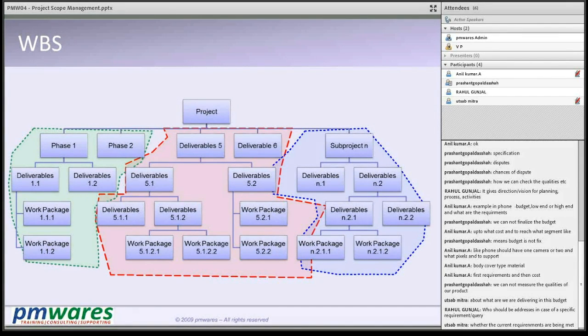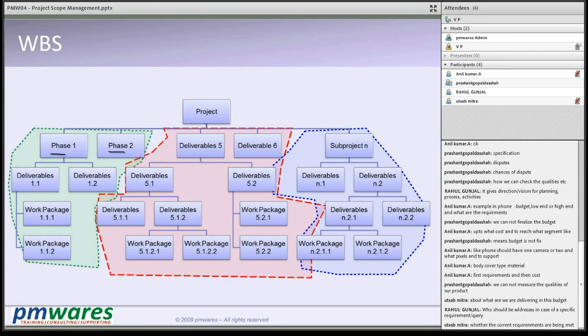There are three ways decomposition is given here. We have project deliverable main. We first divide the project into phases: requirement, design, construction, commissioning, testing, and within each phase we define deliverables, the requirement document, traceability matrix.